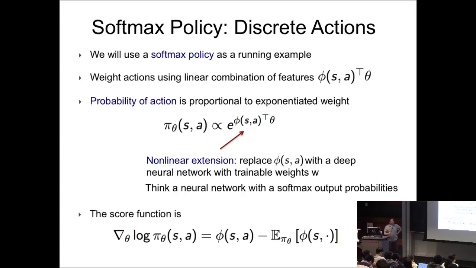If I look at the score function here and take the derivatives with respect to parameters theta, I basically end up with this expression. These are my features minus the expectation of the same features under policy pi. For any of you who've taken an introductory machine learning class, this should look familiar.